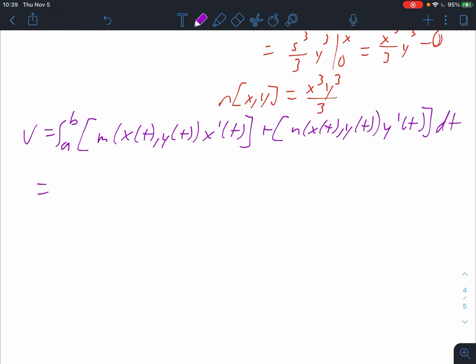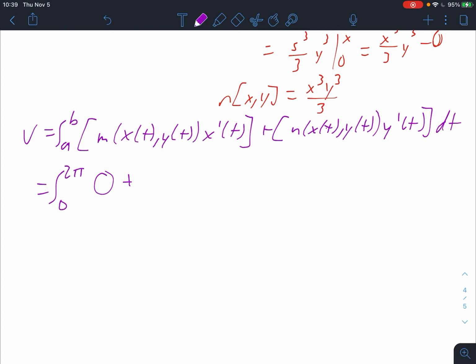So a to b are bounds. That's why we created the counterclockwise parameterization. That's from 0 to 2 pi. We let m of xy be 0, so that whole first part is all 0. So it all comes down to the second part here.